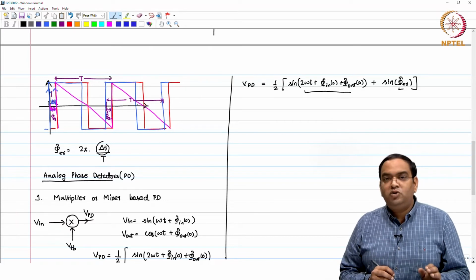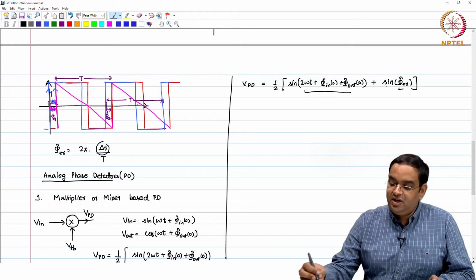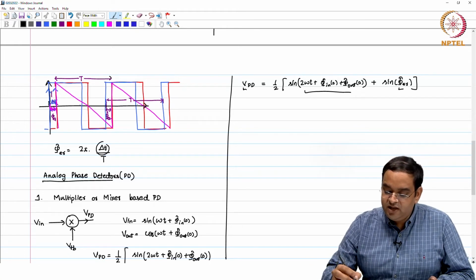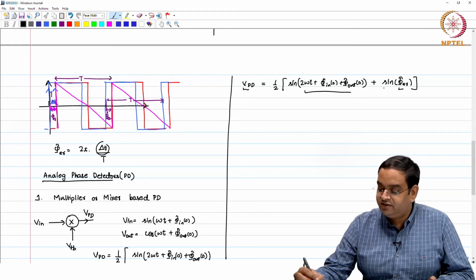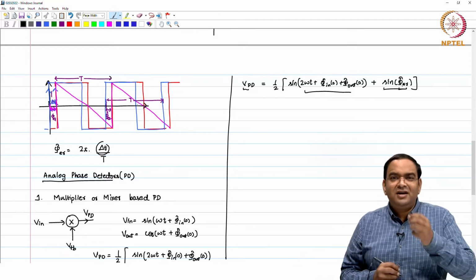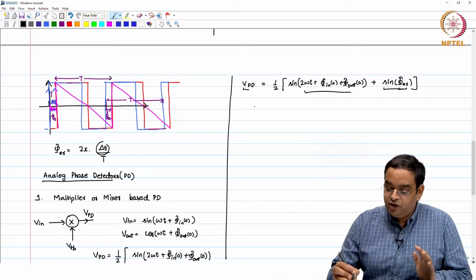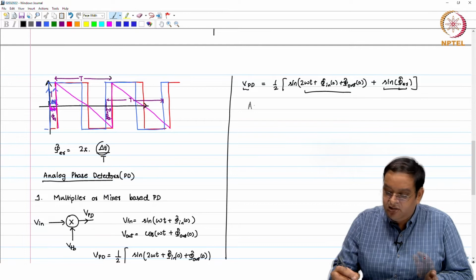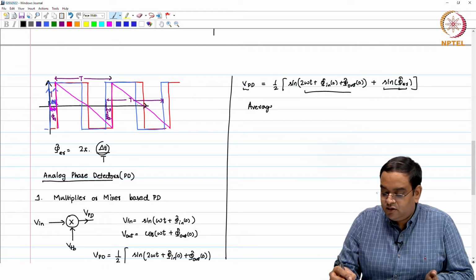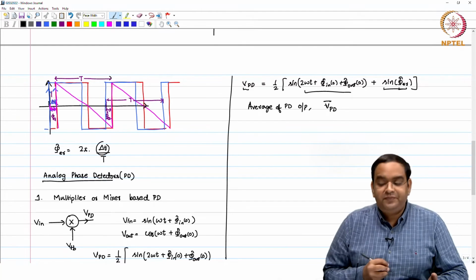So, what we have been doing earlier, we have been saying that the VPD, or the output of the phase error detector, has mostly this component only. This is under the assumption that the high frequency component is going to be filtered. So, what we define here is the average of the phase detector output, that is VPD average.